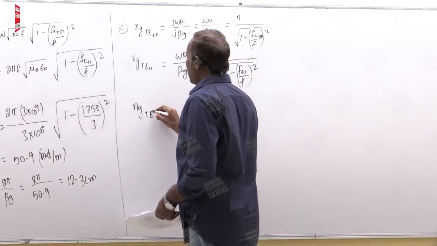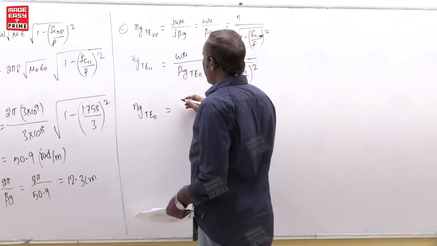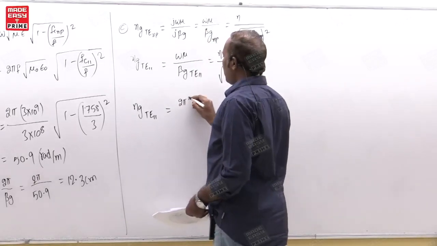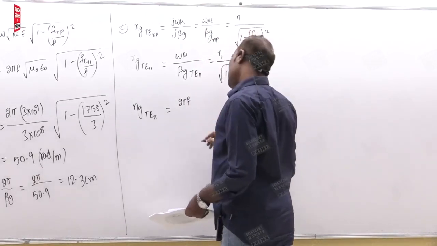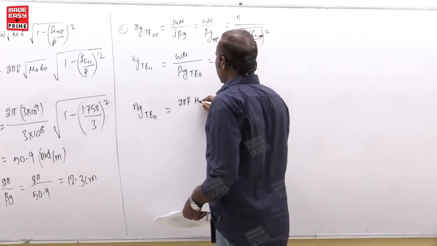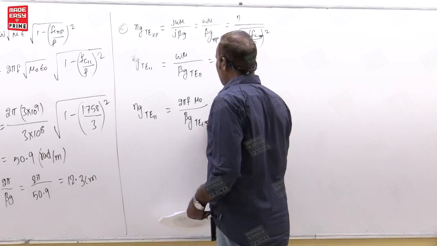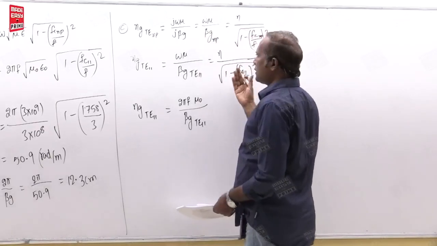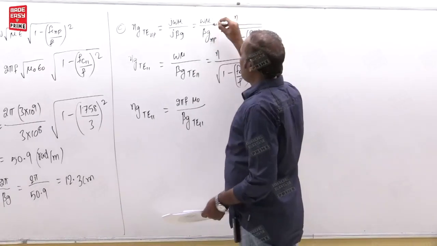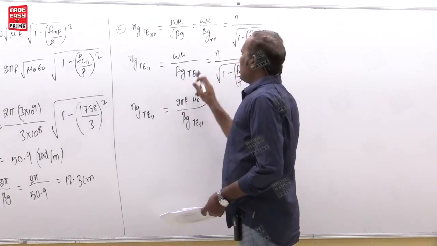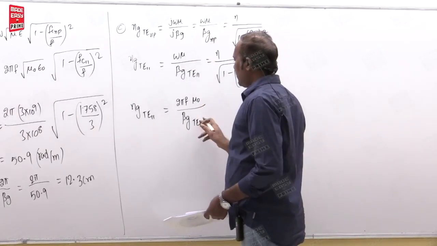Now eta g for TE11 is equal to omega, this is 2 pi f, and mu naught divided by beta g TE11. Just like that I am writing, students. Ultimately we can use this one here. For air medium, omega mu naught by beta g.